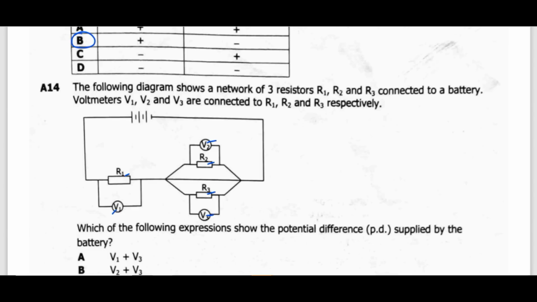So we want to see the potential difference. So we would say the potential difference is voltmeter 1 plus voltmeter 2, or you can say voltmeter 1 plus voltmeter 3 there.